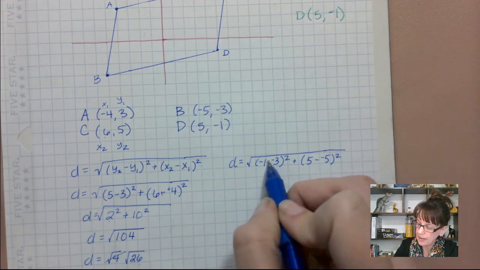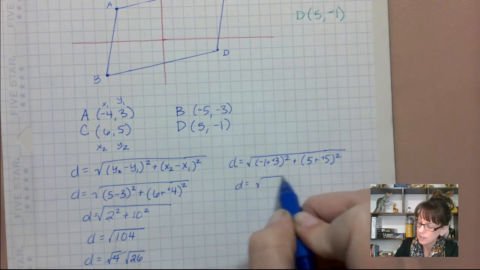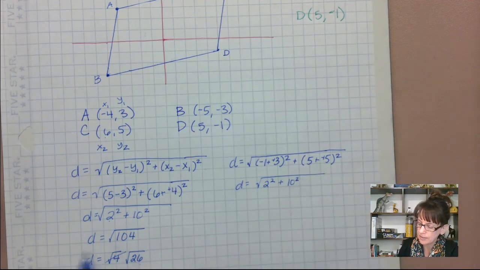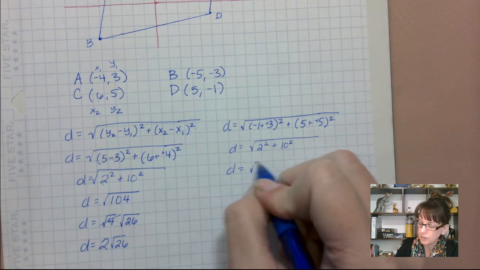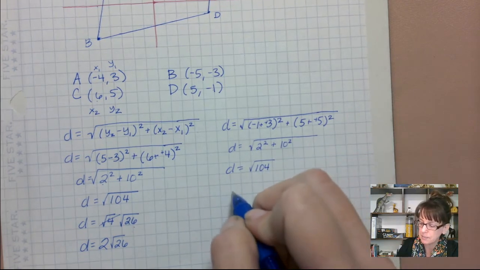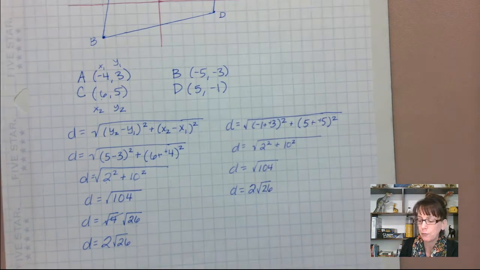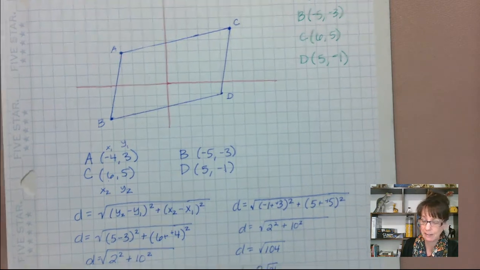Okay, so if I add the opposite, I get D equals the square root of 2 squared plus 10 squared. And this is starting to look familiar. We get distance equals the square root of 104, and again, we can simplify that to be 2 root 26. Okay, so far we have proven that both AC and BD are the same length.